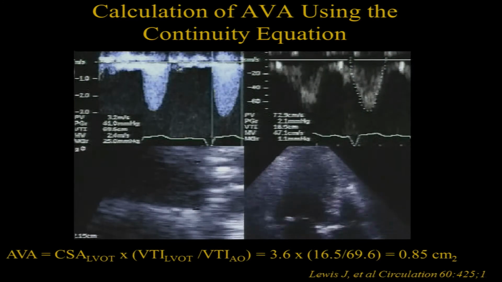Once we have the stroke volume, if we divide it by that time velocity integral across that stenotic aortic valve, so that time velocity integral of that CW jet, we can calculate that aortic valve area, and this is just showing an example of calculating that.